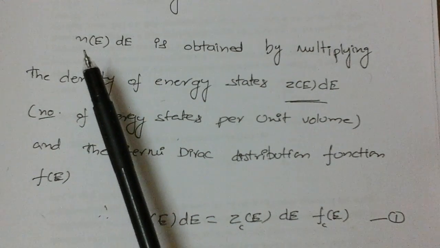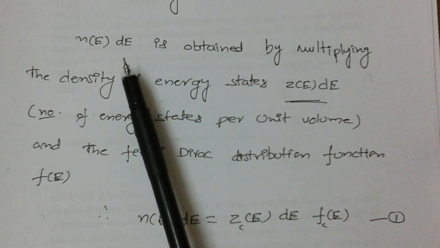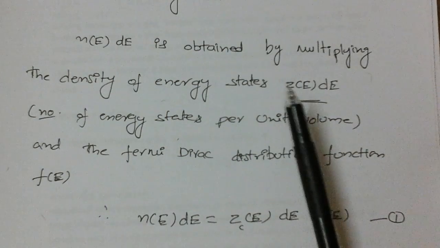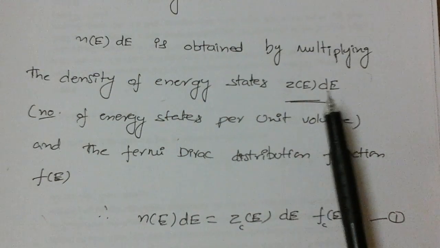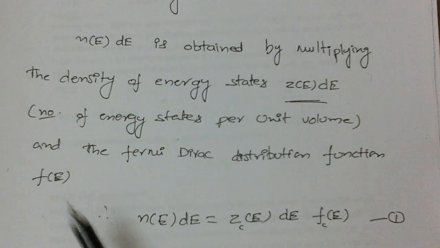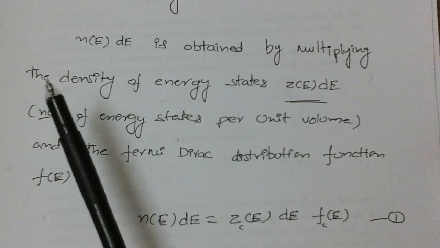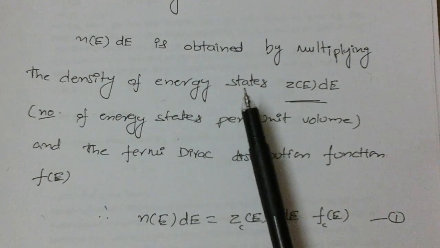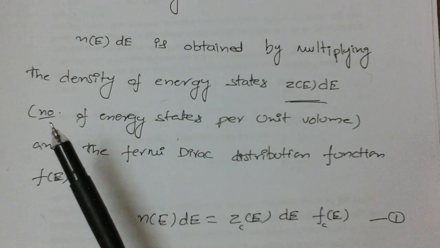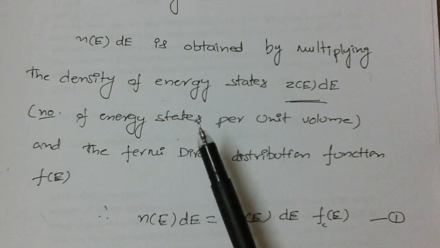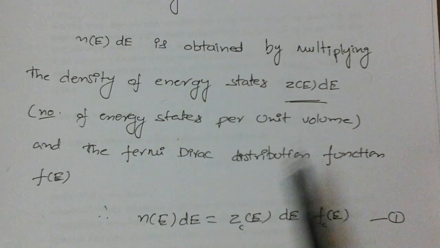This n of E dE we can obtain. How can we calculate it? We have to multiply Z of E dE with f of E. See, n of E dE is equal to Zc of E dE into fc of E. So what is Zc of E dE? Density of energy states, nothing but the number of energy states per unit volume.